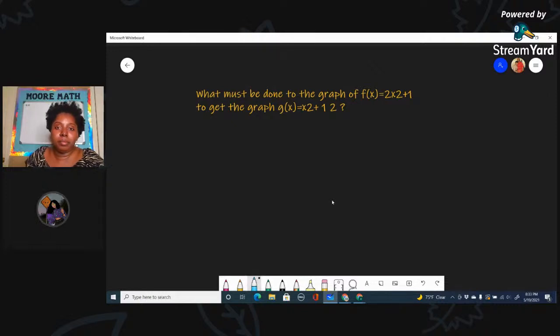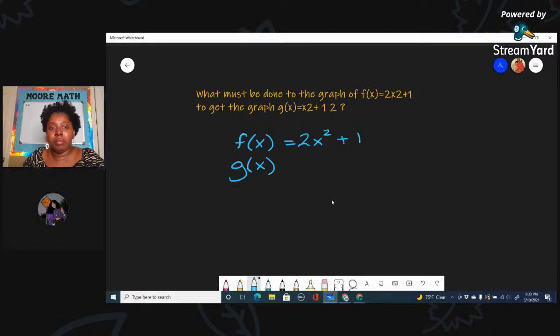It's asking to stretch the graph horizontally or vertically, like to stretch it or to shrink it. Gotcha. Is that a 1 or 12? It's a 1/2. Oh, 1/2. Okay. Yeah. All right.